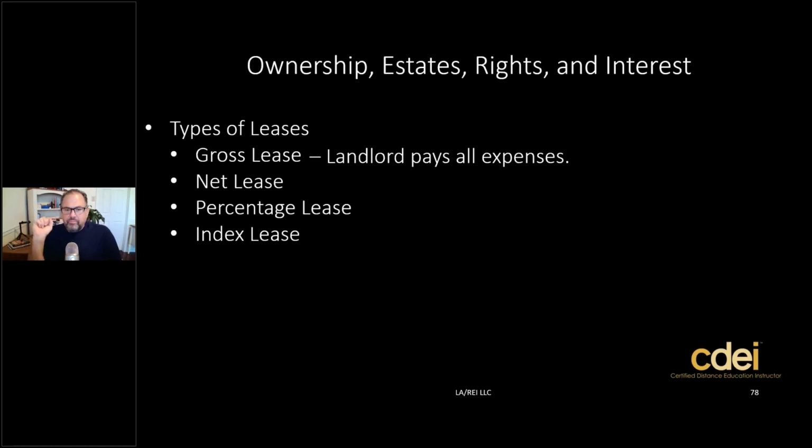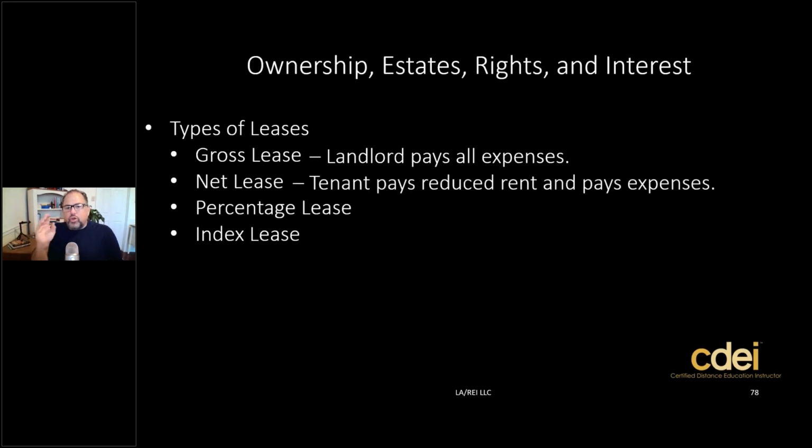Okay. Now, a net lease, you're going to pay a reduced lease because now you're going to take over the payment. So instead of $1,500 a month on a gross lease where the landlord pays everything, you may pay $900 a month. And then you put all the utilities in your name. Okay. So that's called a net lease.